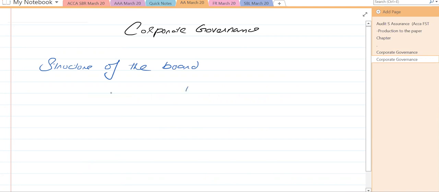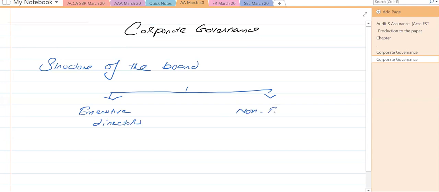In companies, we have two types of directors: executive directors and non-executive directors, EDs and NEDs in short.